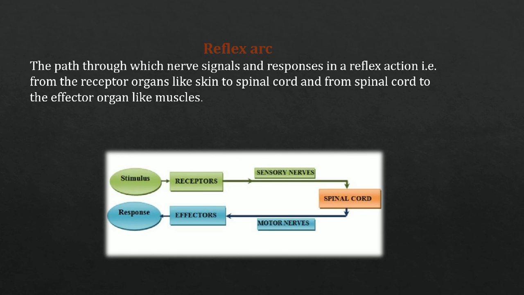In this flowchart you can see the stimulus goes through the receptor and goes to the spinal cord by the sensory nerves, and from the spinal cord it goes to the effectors through the motor nerves and the effector gives the response. So this pathway is called the reflex arc of the reflex action.